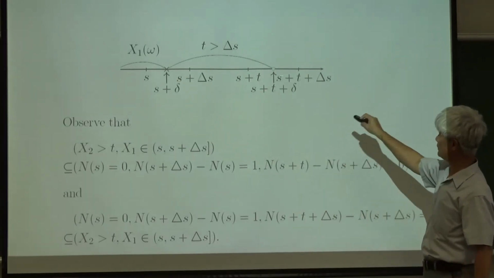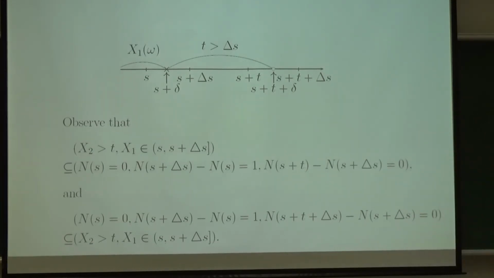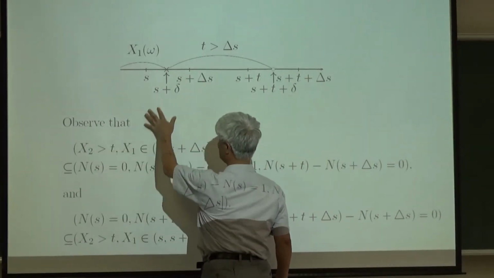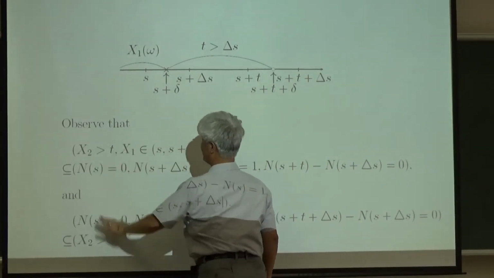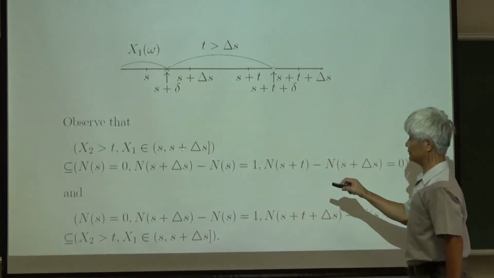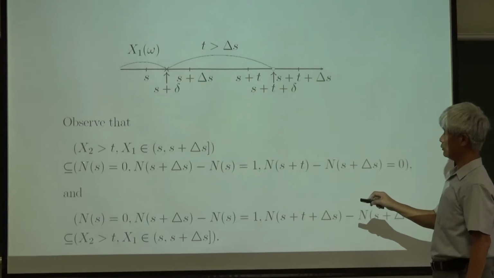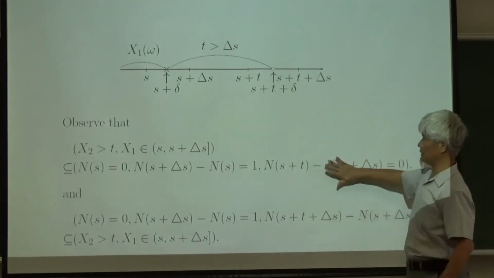So you have the time diagram like this one. Alright, so this event implies that you have this event. So this event is bigger, because any outcome omega that belongs to this event will belong to this event. So this is bigger.